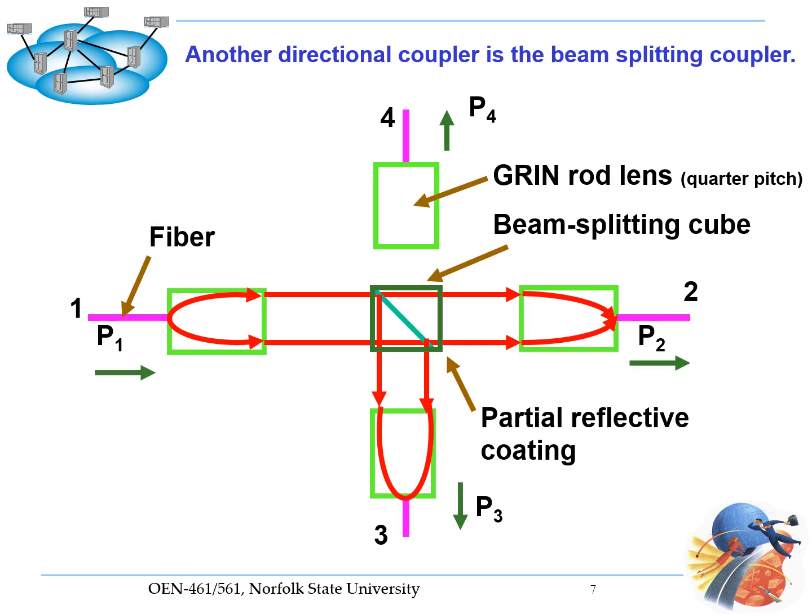And the last technique to make a directional coupler is beam splitting. The beam splitting technique could be achieved by simply making an optical setup, which is shown schematically here. In the middle we have a beam splitter, splitting light 50-50.